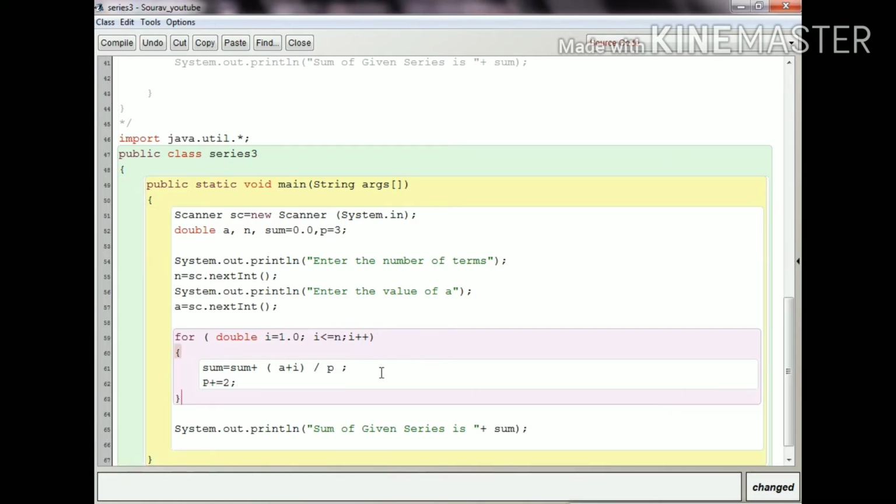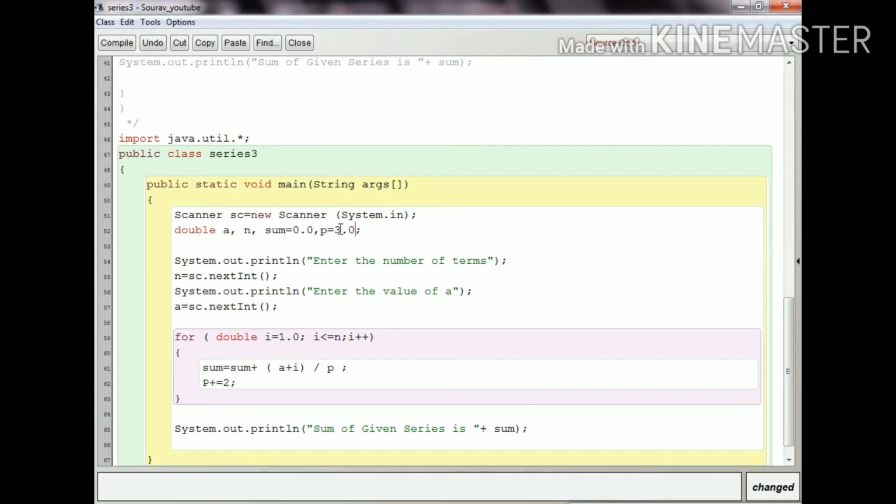So what is here? First time I will get a plus 1 by 3. After the execution p increases by 2. That means the old value of p is 3, and the value of p becomes 5.